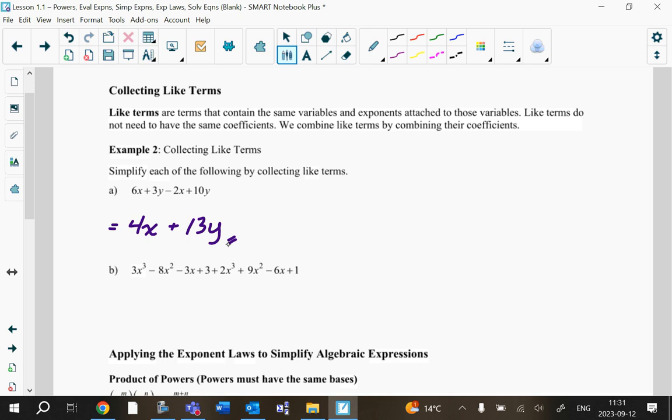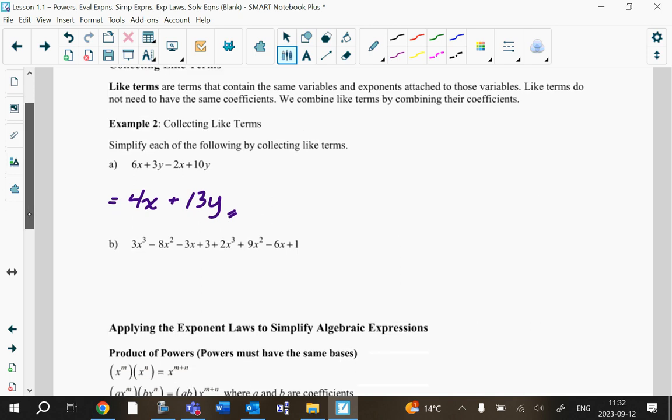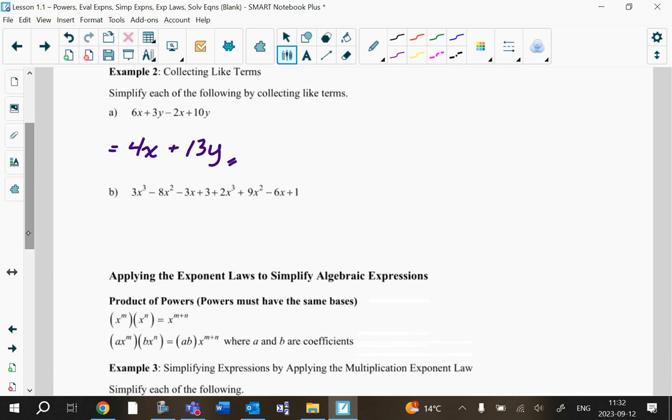If there's exponents involved, remember, like terms, we're adding and subtracting here. We're not multiplying and dividing. So like terms have to have the exact same variables and the exact same exponents. So what would be a pair of like terms here? Which together make? Right. Remember, it's not an exponent law question.